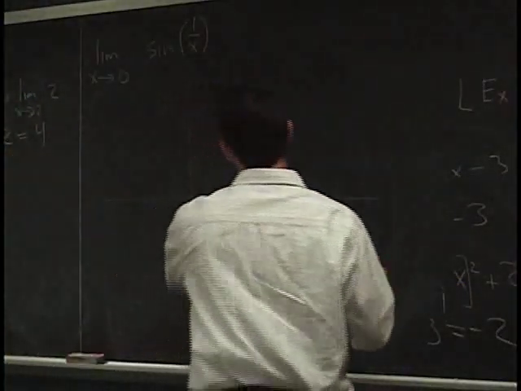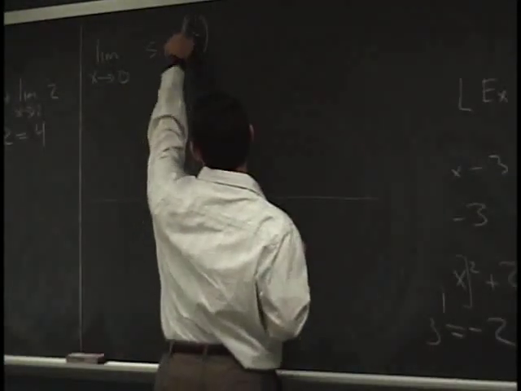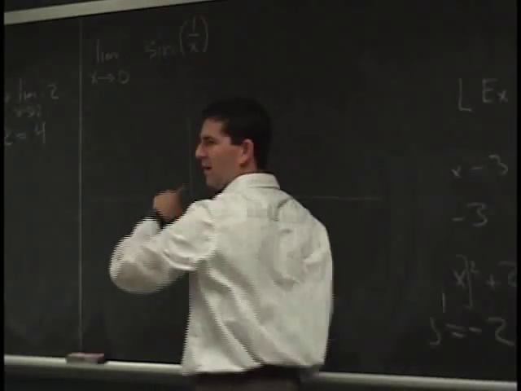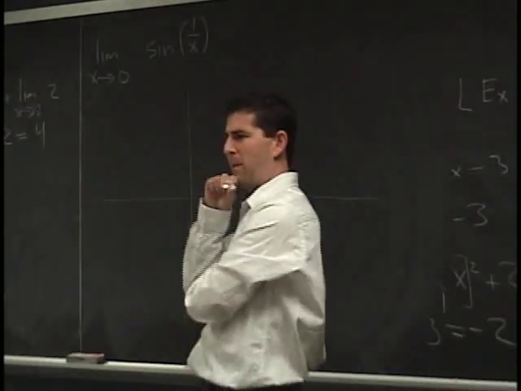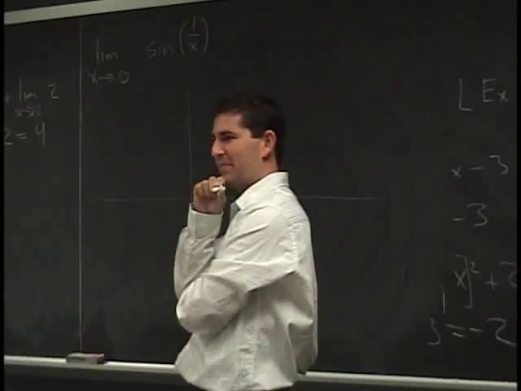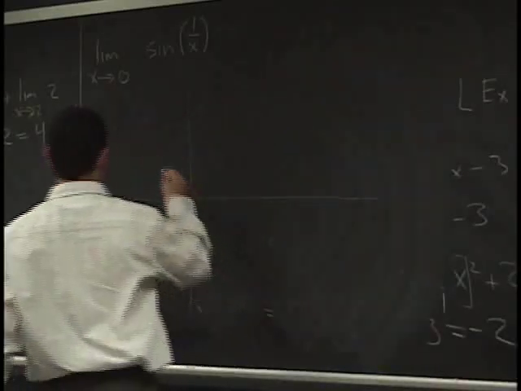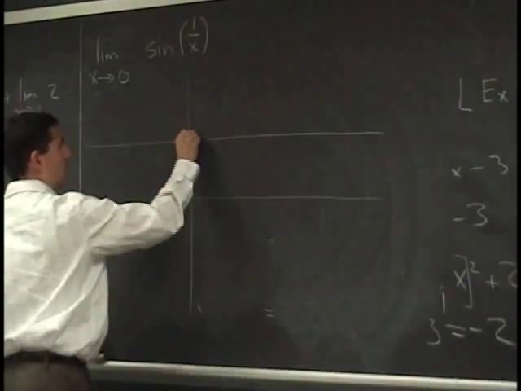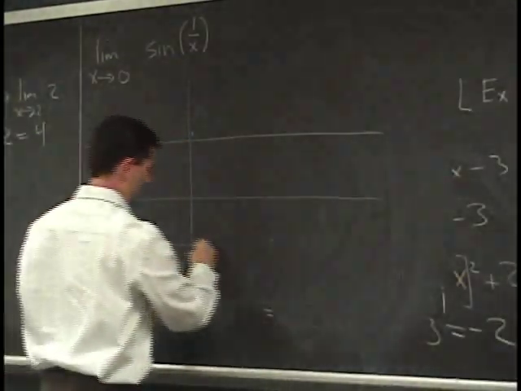So, as x goes to 0, this thing starts going to infinity. So what happens to sine? Well, we know one thing for sure. Sine will never go above 1, and it will never go below -1.